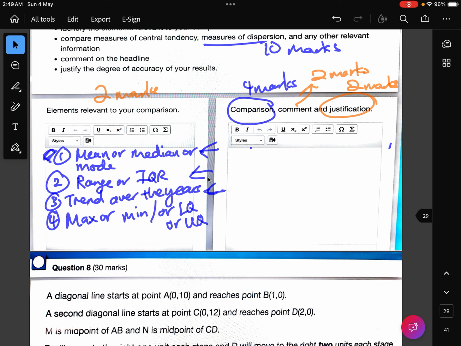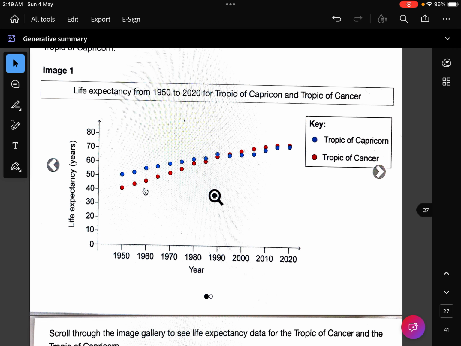The one which I felt was the most interesting is that if you look at the image 1 graph, which is the graph shown for the life expectancy over the years, I'm not sure if you realize that. Have you ever questioned where the data for the life expectancy in image 1 came from? Was the average being graphed here? If it's the average which is graphed here, we have no idea whether it's the mean, mode, or the median here. So we do have to question the accuracy of the result for this particular part.